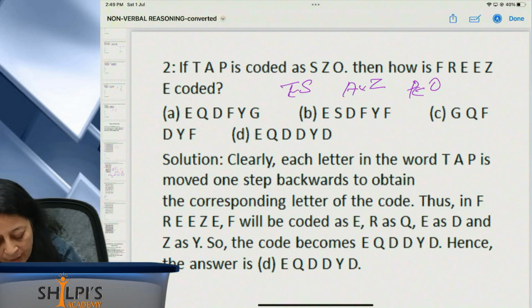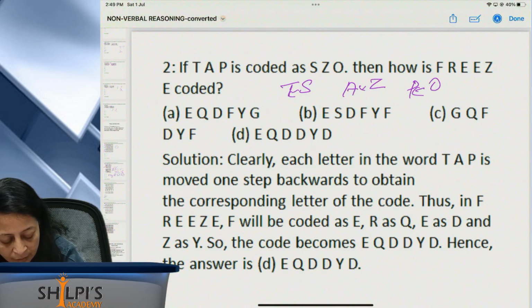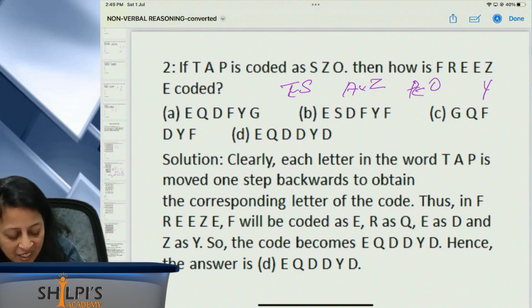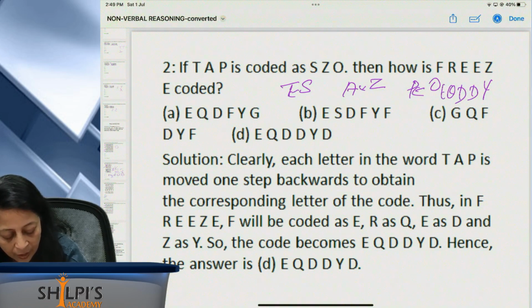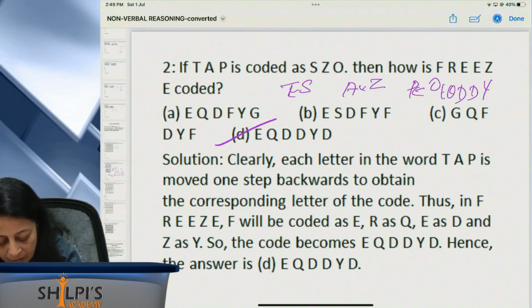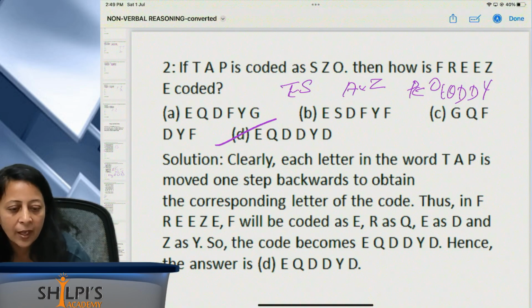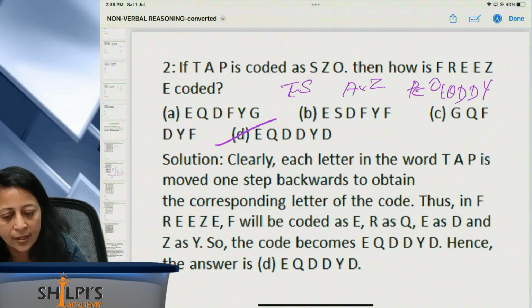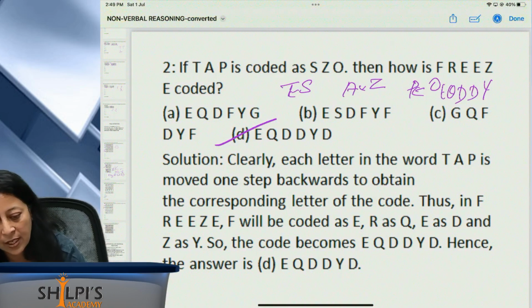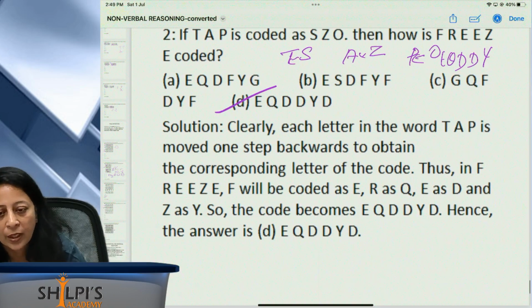Likewise, when you write freeze, one step backward to this is E, Q, D, D, Y, T. Got it? Clearly, each letter of the word tap is moved one step backward to obtain the corresponding letter of the code. Thus in freeze, F is coded as E, and so on. So the answer is E, Q, D, D, Y, D.